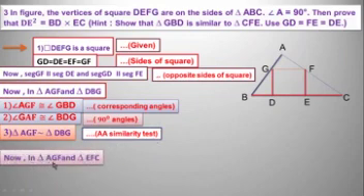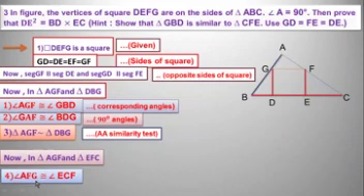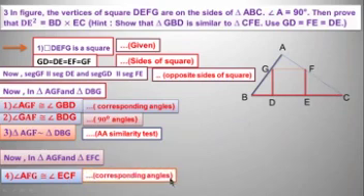Now in triangle AGF and another triangle EFC, statement number 4, angle AFG is congruent to angle ECF, corresponding angles.